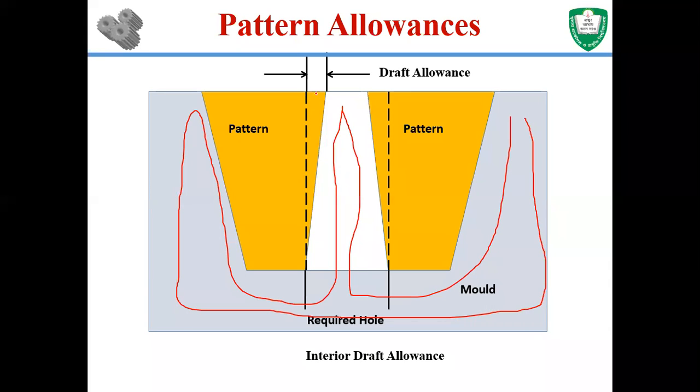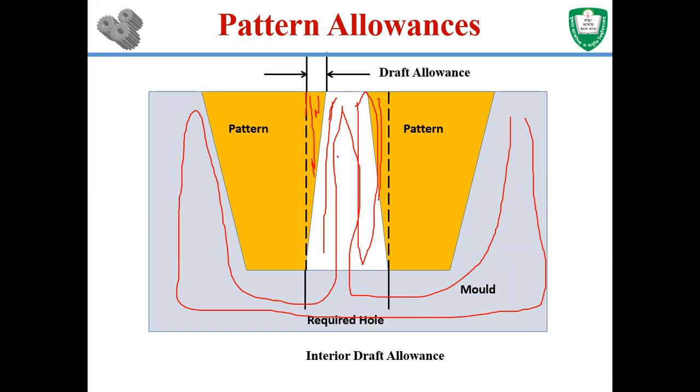And sand will also be in this region, because in this region there is no pattern. Yes, sir. Let's consider that there is no pattern in here too, the sand is also in here.